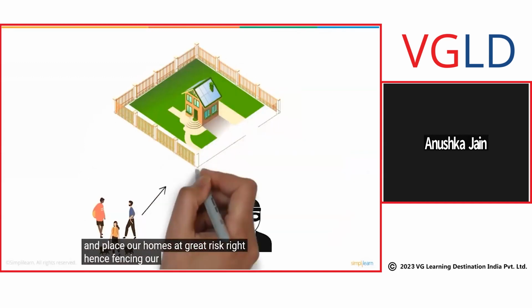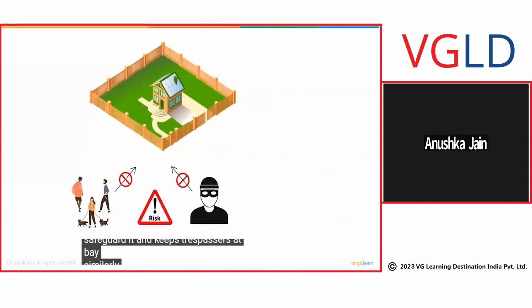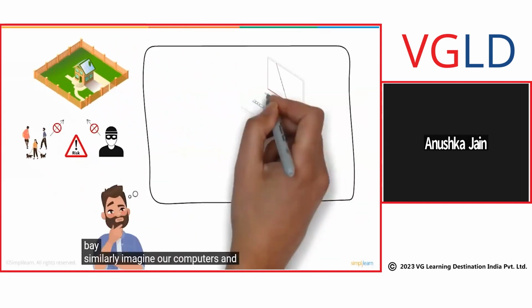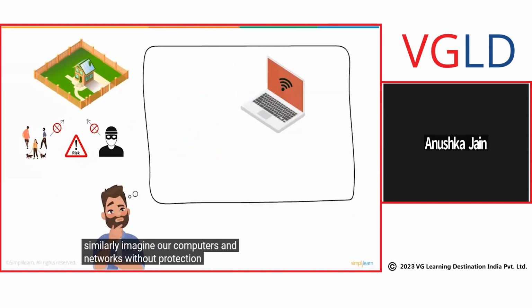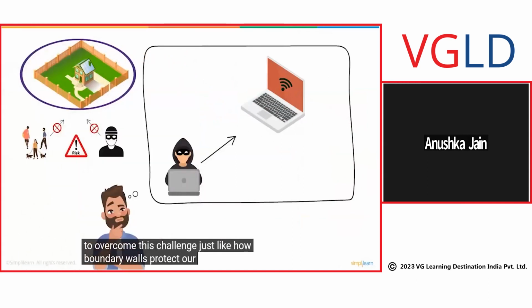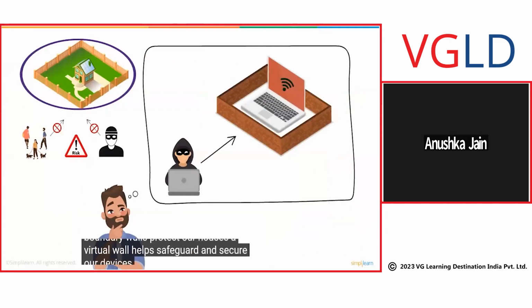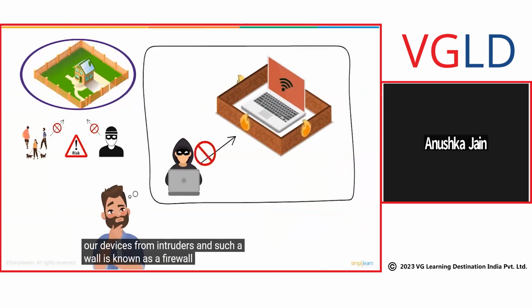Hence, fencing our property helps safeguard it and keeps trespassers at bay. Similarly, imagine our computers and networks without protection. This would increase the probability of hackers infiltrating our networks. To overcome this challenge, just like how boundary walls protect our houses, a virtual wall helps safeguard and secure our devices from intruders, and such a wall is known as a firewall.